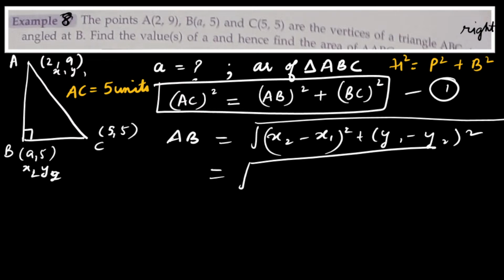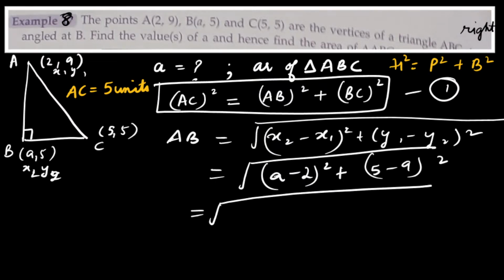X2's value is A. So A minus 2 whole square plus 5 minus 9 whole square. Here we have to apply the identity A minus B whole square. So I am directly going to apply: A square plus 4 minus 4A. Plus here we get 5 minus 9 is minus 4, the square of minus 4 is 16.